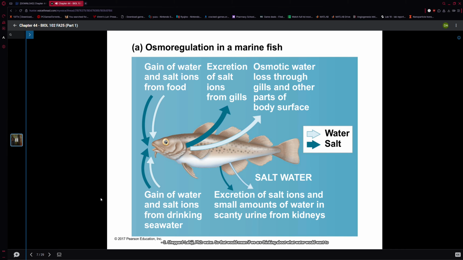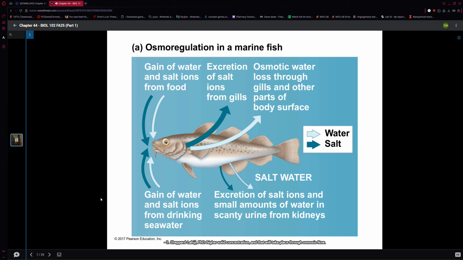So if we think about what water would want to do in that situation, if the marine fish is hypoosmotic, then it has fewer solutes within its body, which means that outside there'll be far more solutes. So water found within the fish will want to exit towards the higher solute concentration, and that will take place through osmosis.